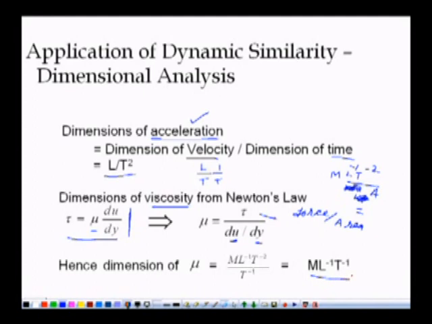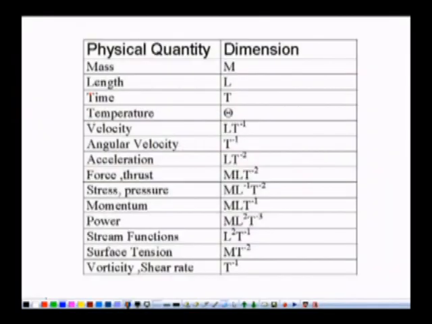Similarly, we can get the dimension of any physical quantity in terms of fundamental units. Physical quantities like mass have dimension m, length has dimension L, time has dimension t, temperature theta, velocity L over t, angular velocity means radian per second, so t minus 1, acceleration L t minus 2, etc. So, all physical quantities have some kind of fundamental dimensions, right.